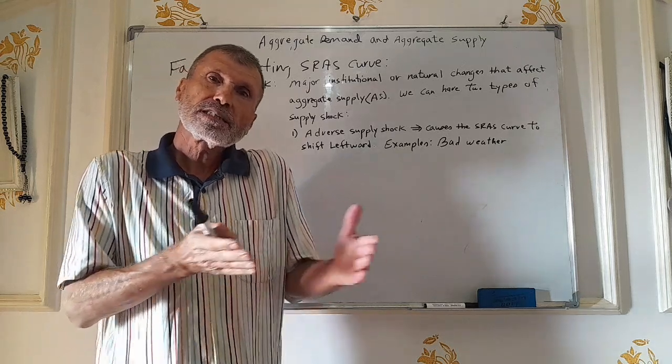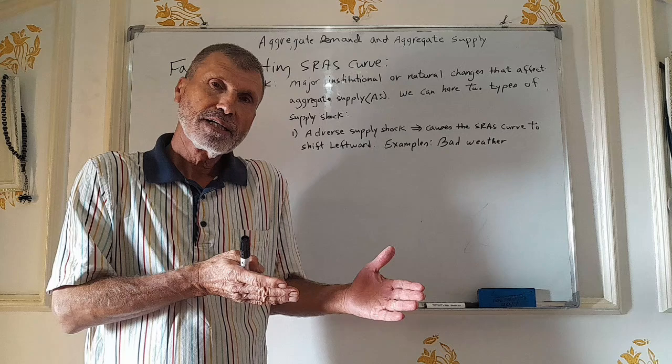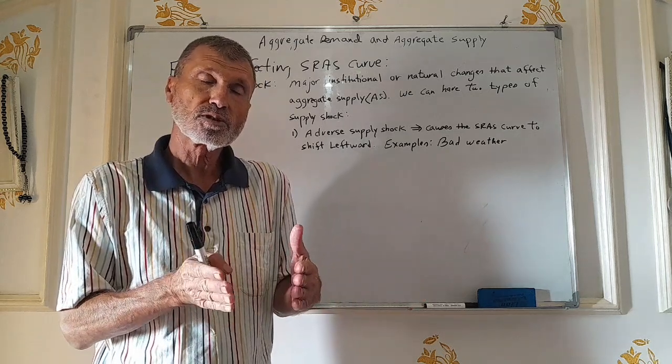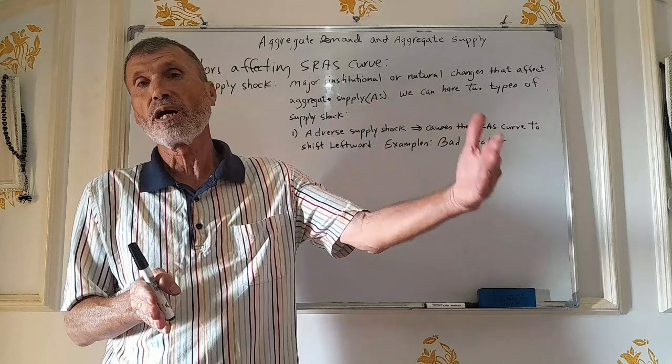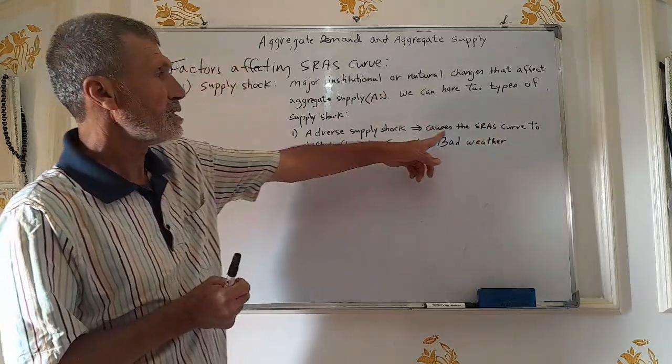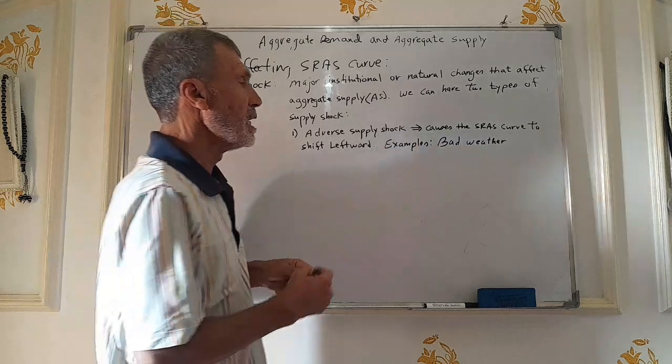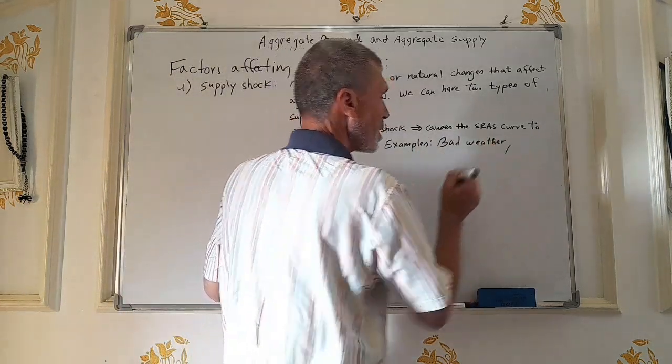That implies less production, which implies, as far as aggregate supply is concerned, that the short-run supply will shift to the left, okay, causing the short-run supply curve to shift leftward.